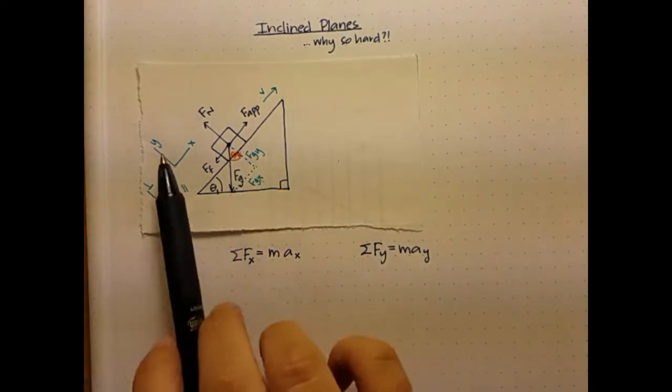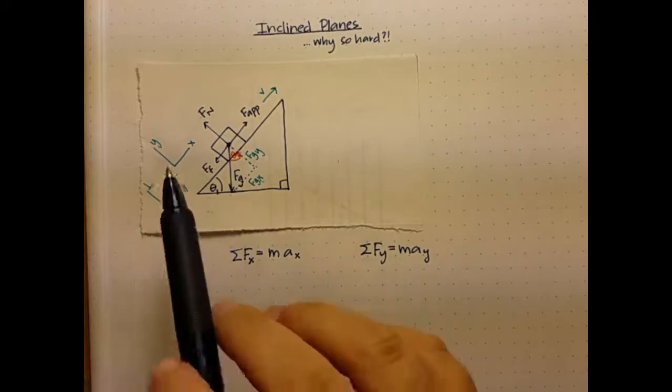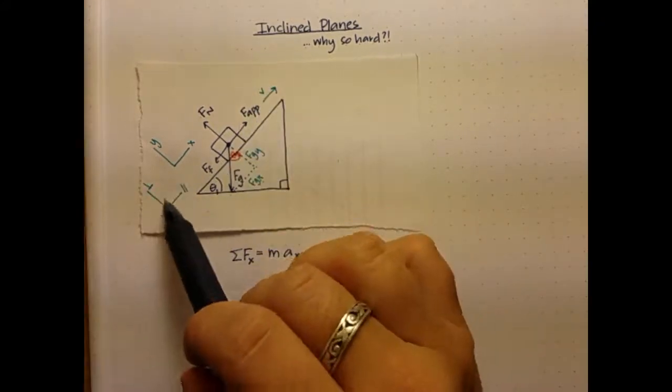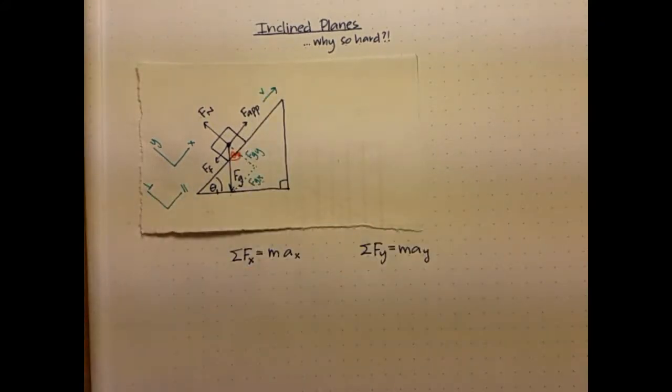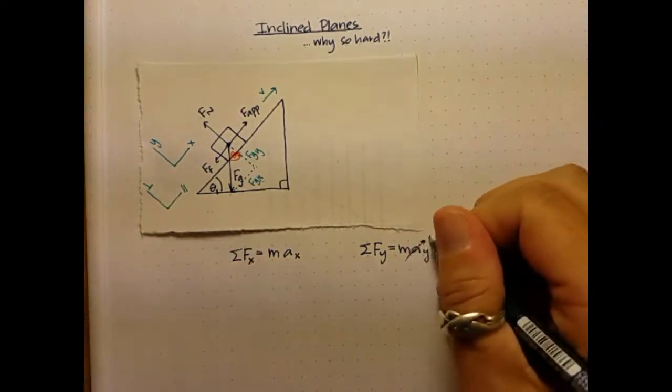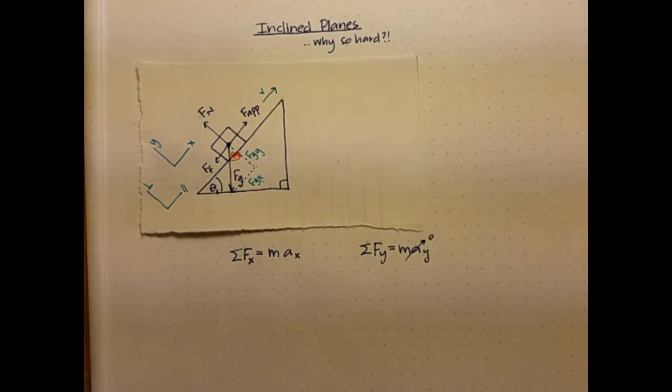But because we've changed how we defined our x and y axes, we know that the motion is going to be completely parallel to the plane, and so the motion in the y direction has to be 0. We're not going to move off of the surface, we're only going to slide along the surface.